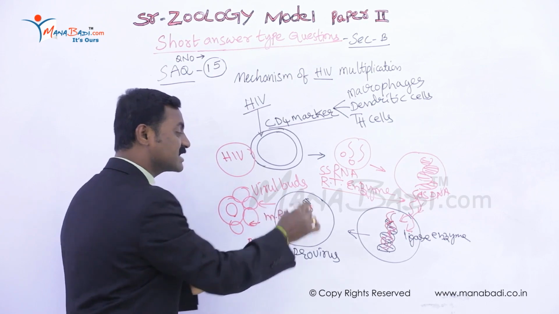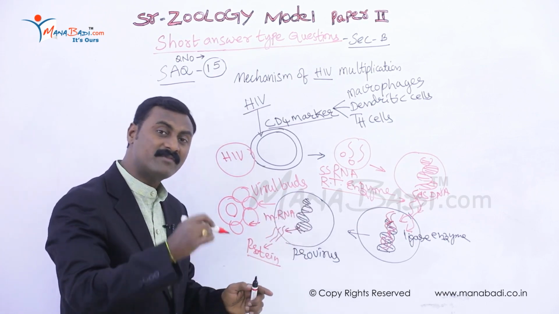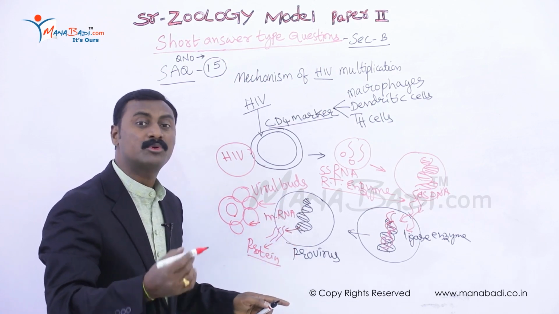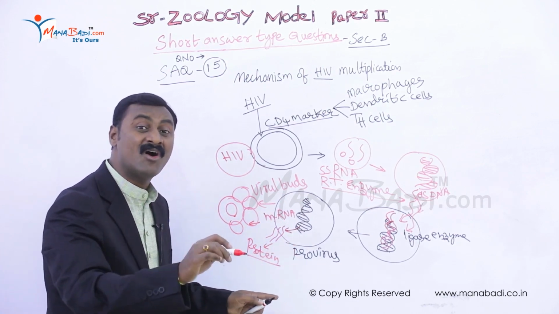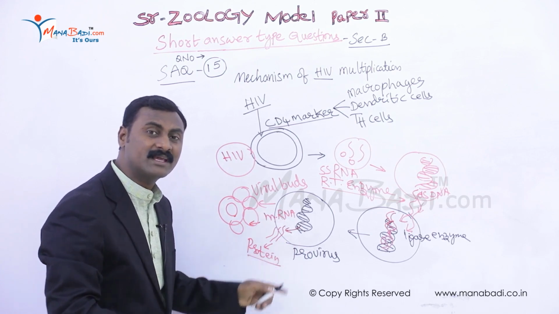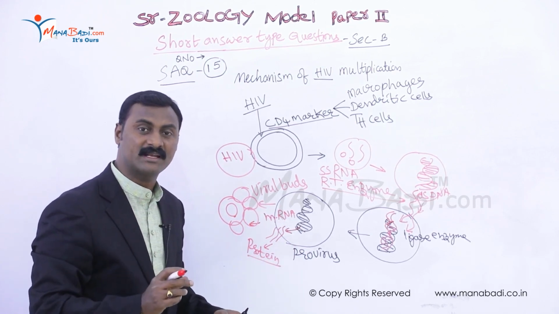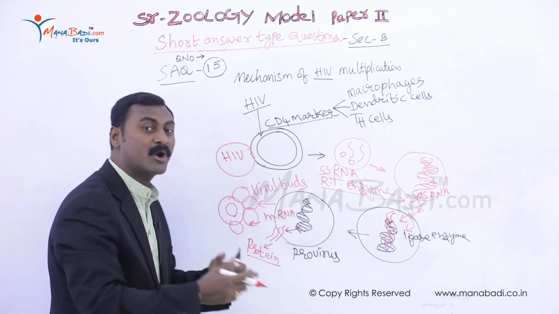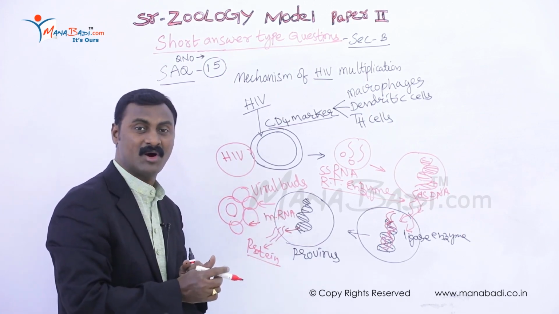Viral buds are synthesized with the help of our cell. By using our DNA, the virus starts producing virions. So it is working like a small factory. Like that, virus production increases in our body.